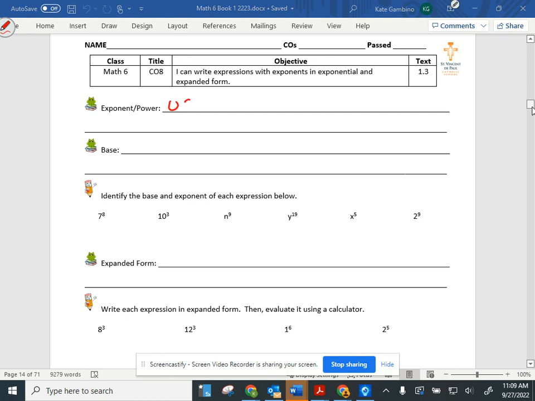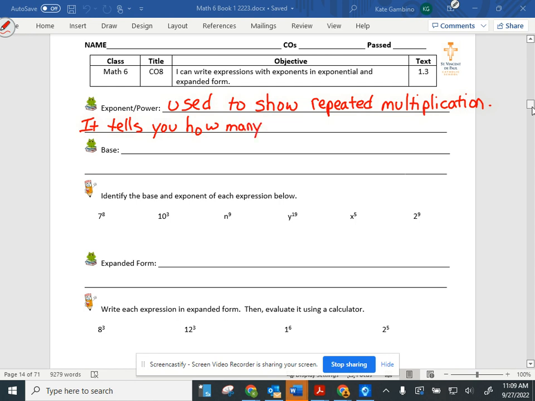It is used to show repeated multiplication. It tells you how many of the base is multiplied together.